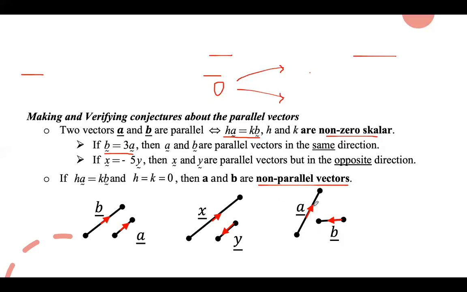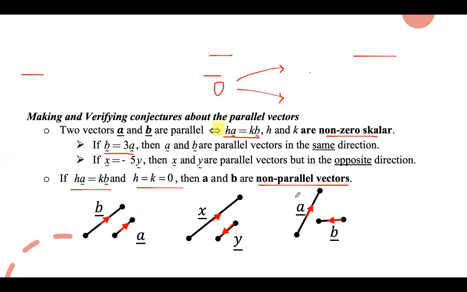So there are two non-parallel vectors. We cannot write it this way unless h or k must be 0. So if the vectors are non-parallel, that means h is 0, k is 0.